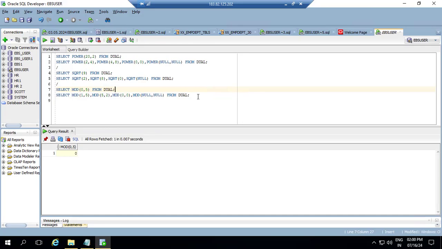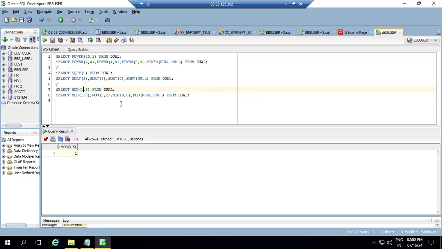Ma'am, but in 1, 5, we need to put 0 in the quotient. We will put 0 in the quotient, but the remainder is considered as 1 when we are giving 1, 5 here. When we divide 1 by 5, the remainder will be 0, right?